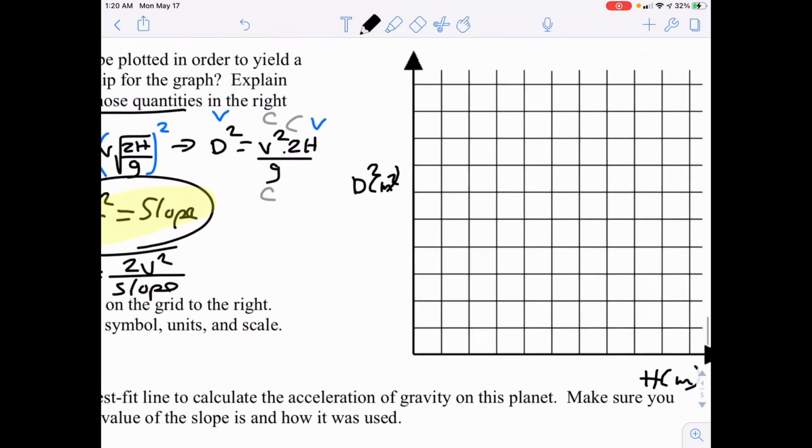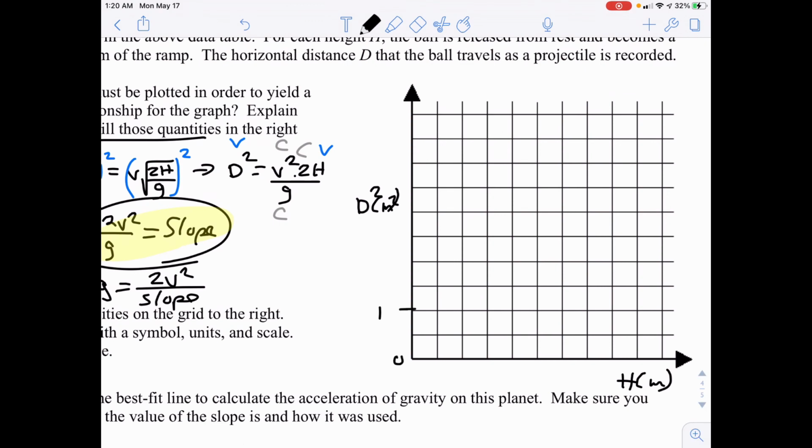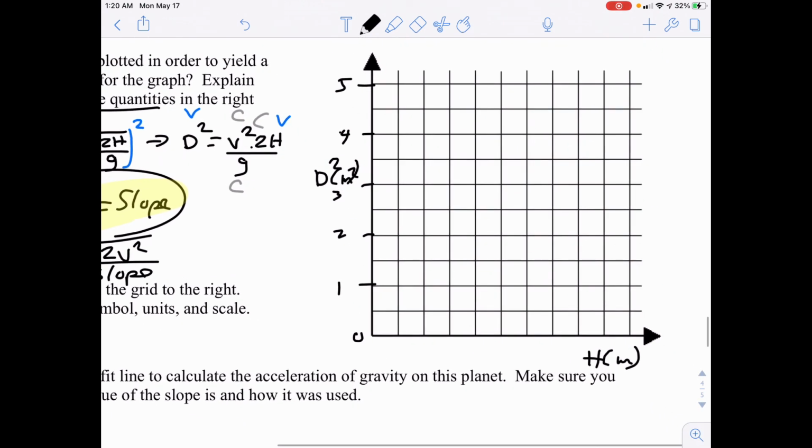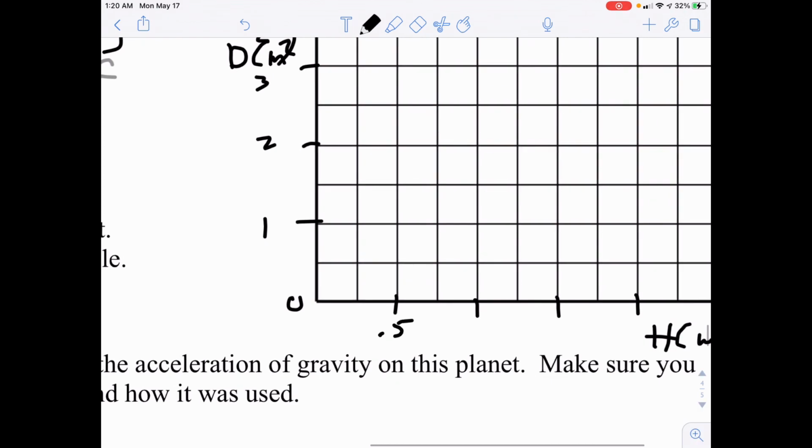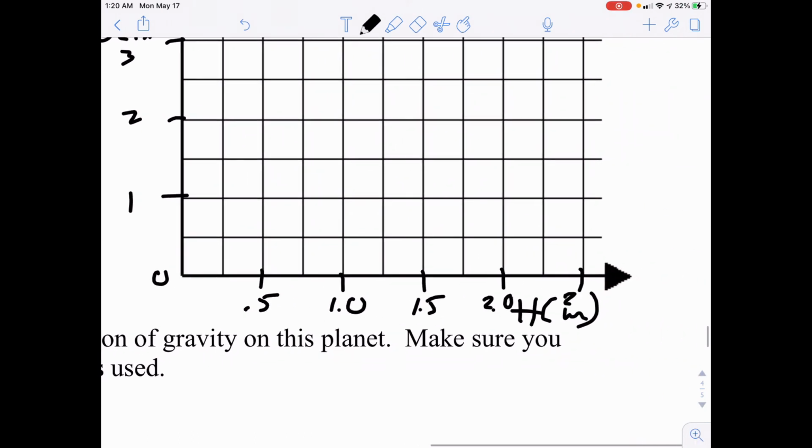Let's make our scales. 0, 1, 2, 3, 4, 5, and then 0.5, 1, 1.5, 2, 2.5.